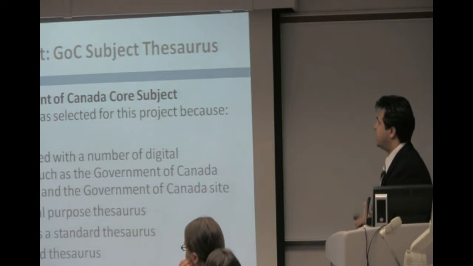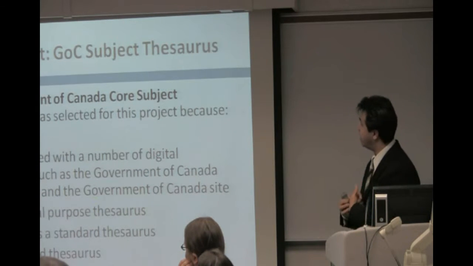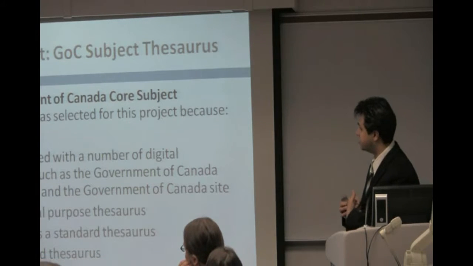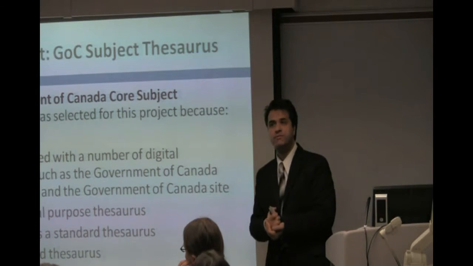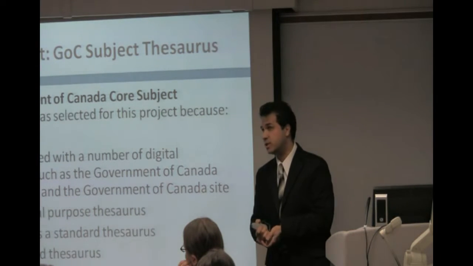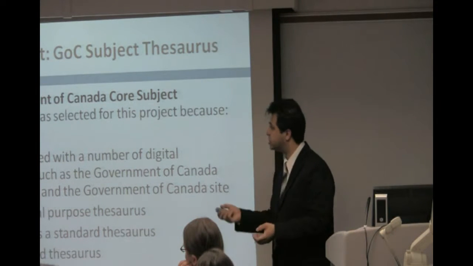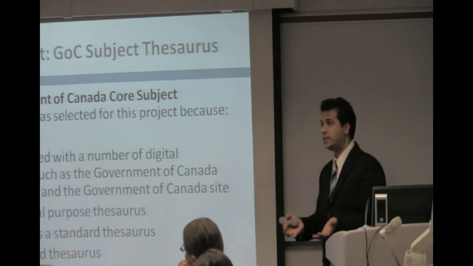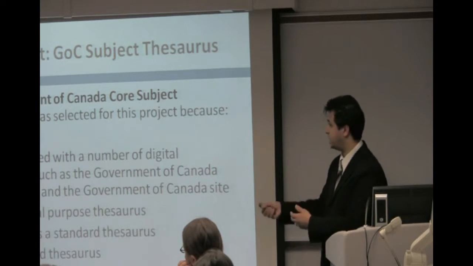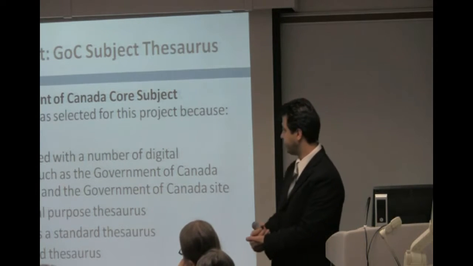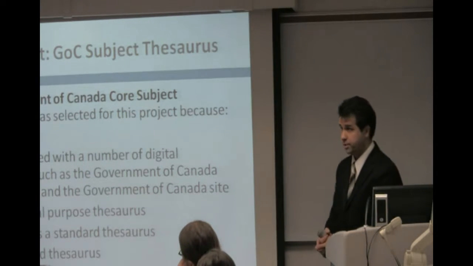The first project where we developed a thesaurus-enhanced visual interface used the Government of Canada Core Subject Thesaurus, which is a general purpose thesaurus. It's bilingual, and it's been associated with a number of digital collections, in particular the Government of Canada site and government documents.